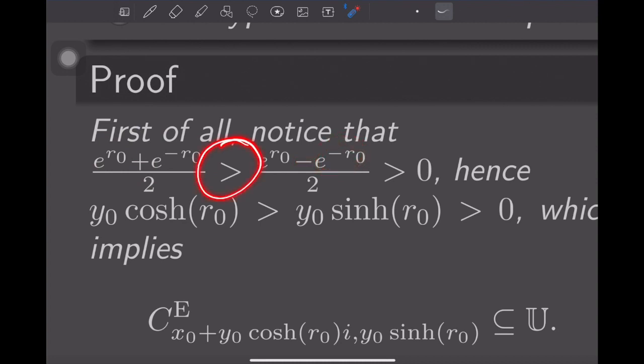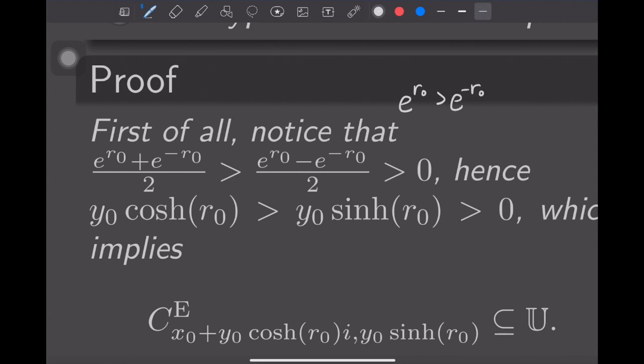So of course this is positive, and this is also positive. For that you just check that e to the r naught is greater than e to the minus r naught.